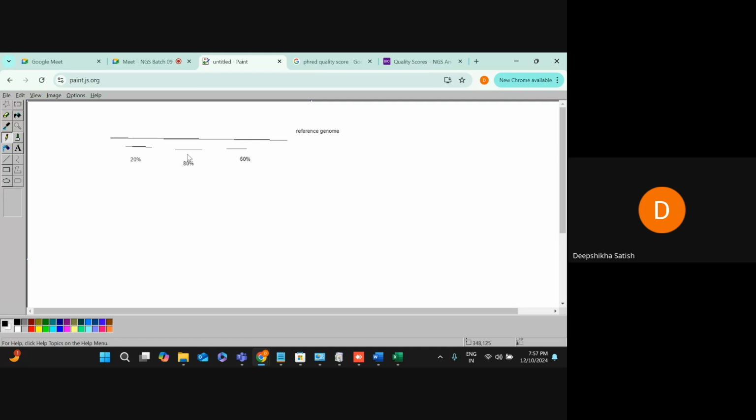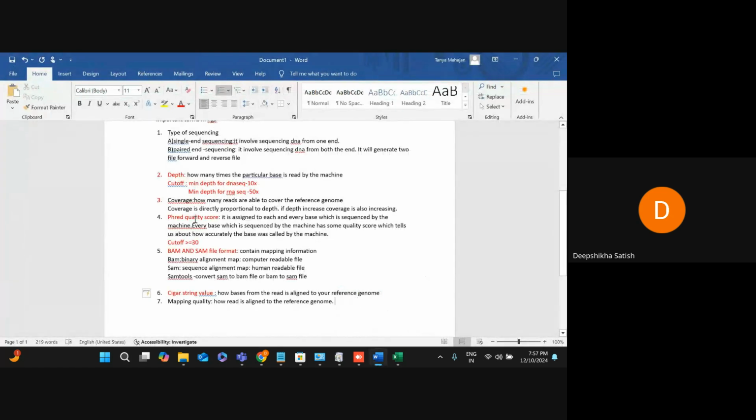So you have to take this as the mapping quality, 80%. Clear? So it will just give you a percentage of the read, how the read is aligning on your reference genome. Okay, that's it. Clear about these terms?